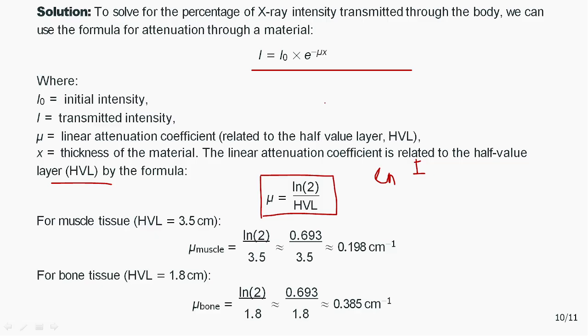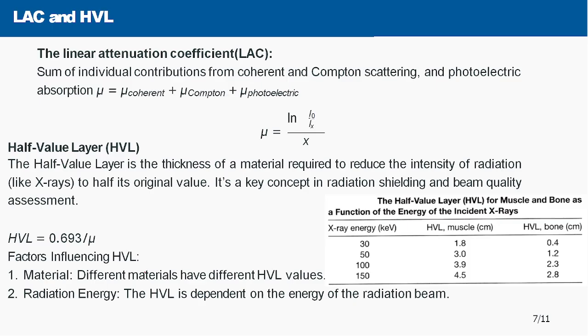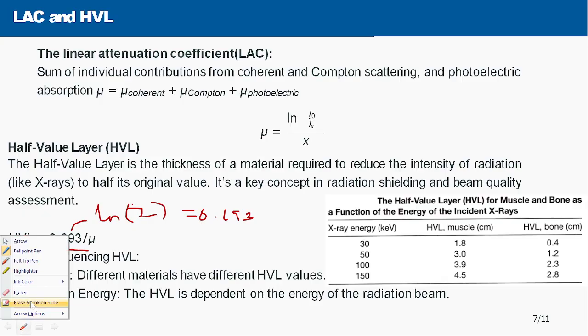In the previous example, as we have seen, mu can be equal to ln of I naught by Ix divided by x. So we can calculate HVL equals 0.693 divided by mu, where 0.693 is nothing but ln2. So this value we already know.